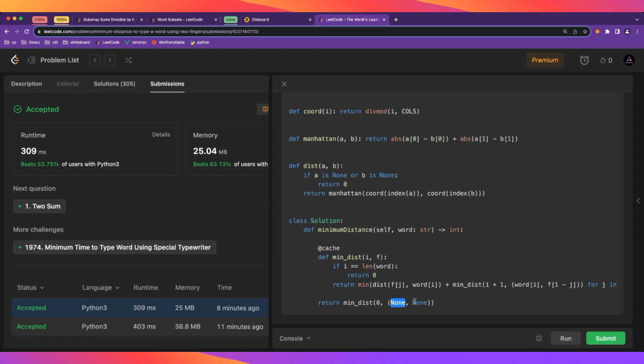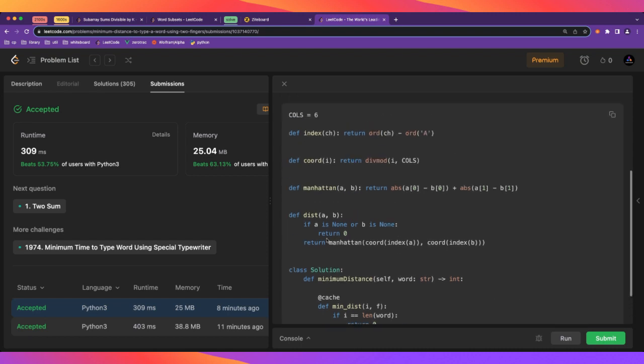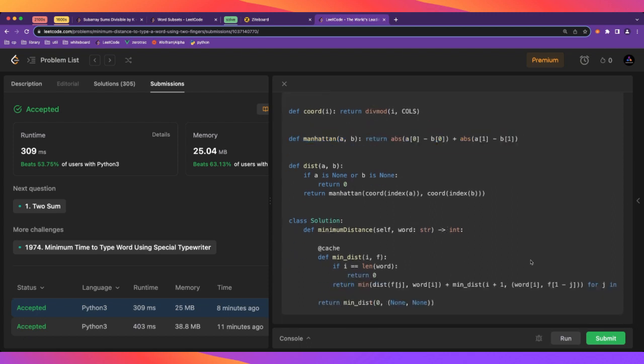We represented it with none, and we made sure that the distance in that case was 0. We did this translation between 1D coordinates to 2D coordinates in this board, which has 6 columns, and we had a Manhattan distance. So yes, that's all that we did.